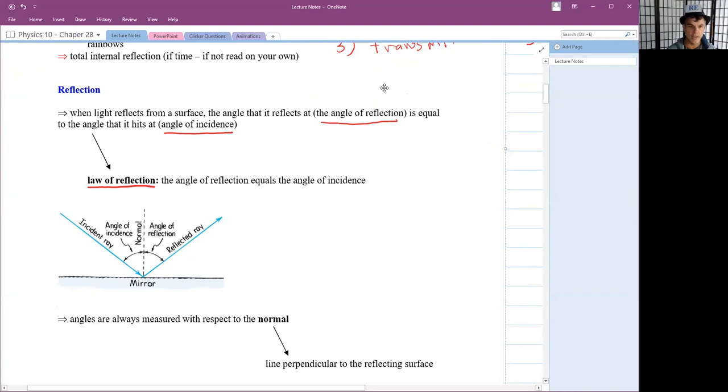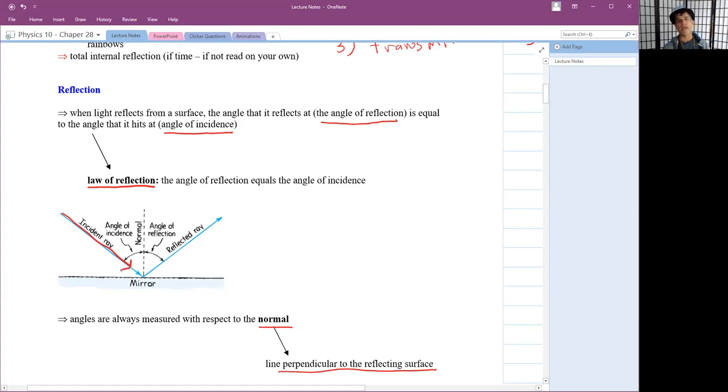And one of the big things in optics is angles are always measured with respect to something called the normal. And the normal is a perpendicular line drawn at the point where the light hits that's perpendicular to the surface. So for example, if this is an incoming ray of light, and I want to know how is that light going to reflect?